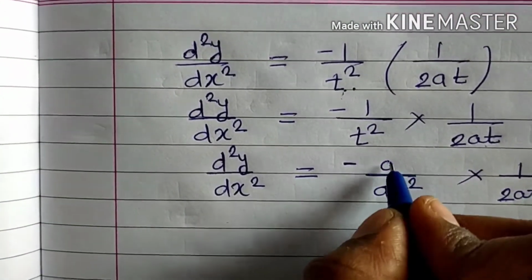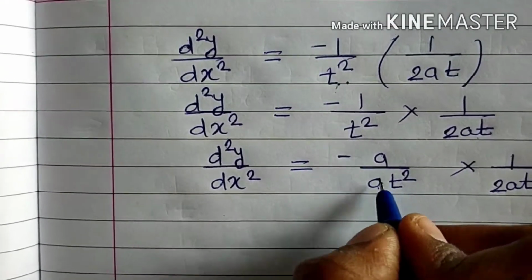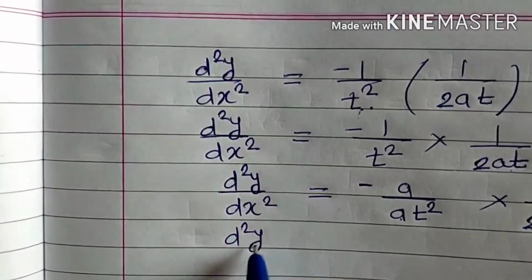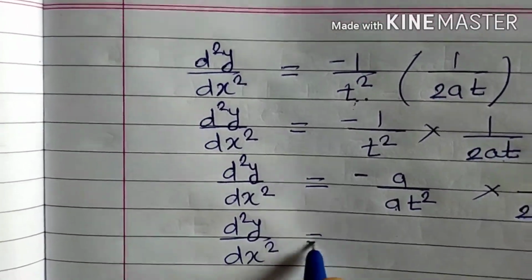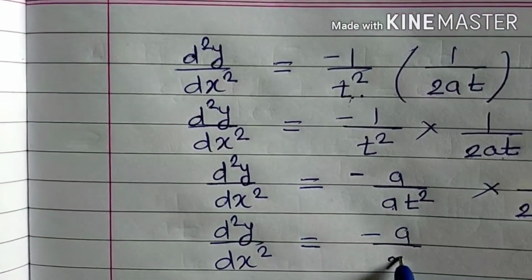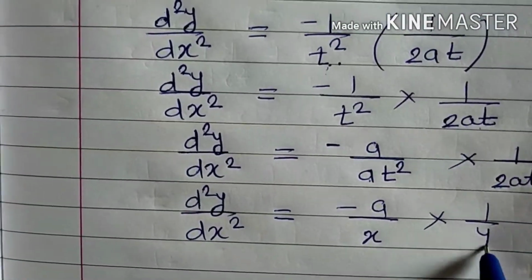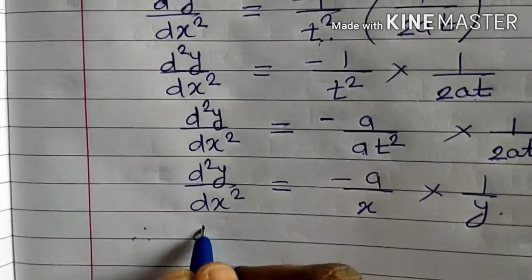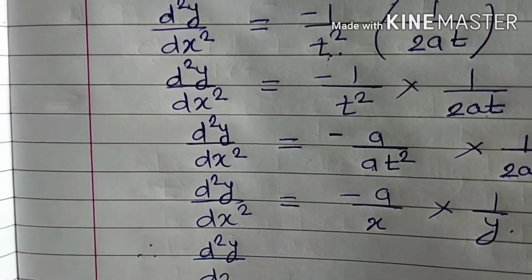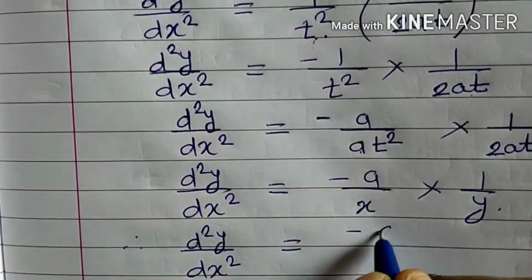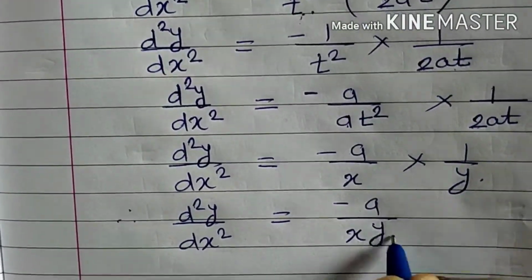When we adjust a here, we have to make the adjustment. So d2y upon dx square is equal to minus a upon x into 1 upon y. Therefore d2y upon dx square is equal to minus a upon xy.